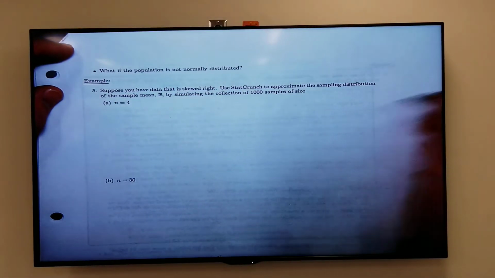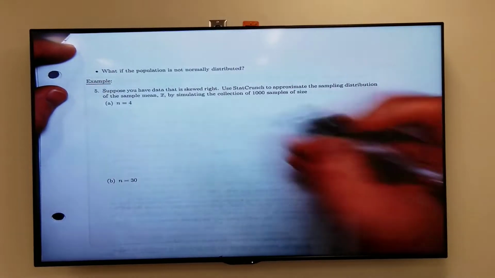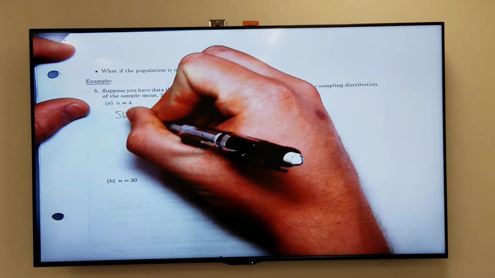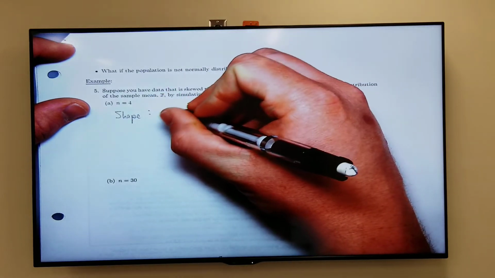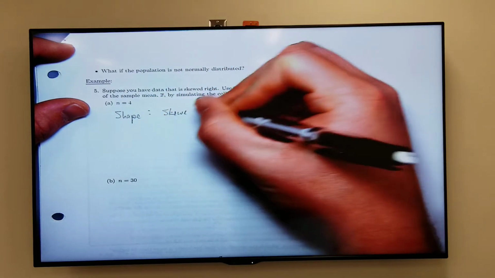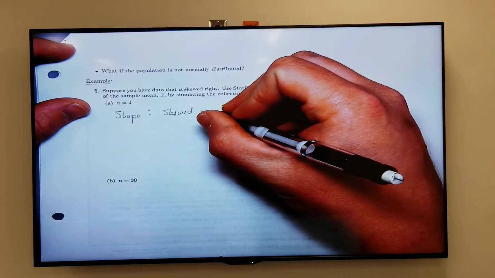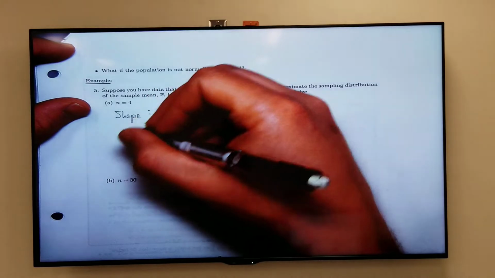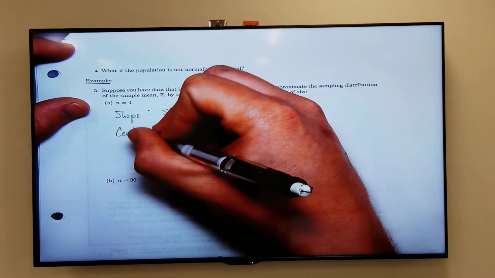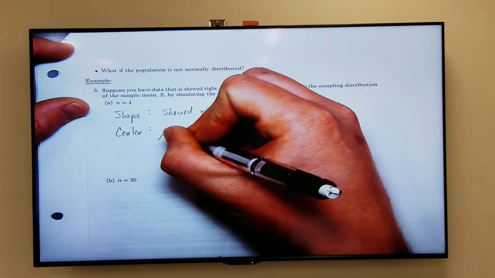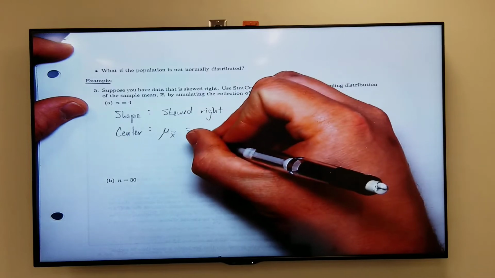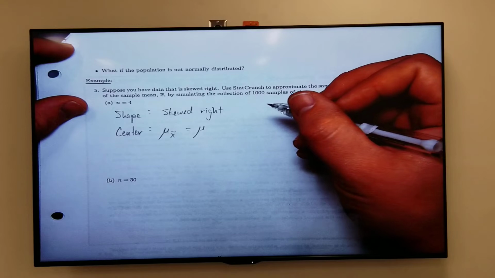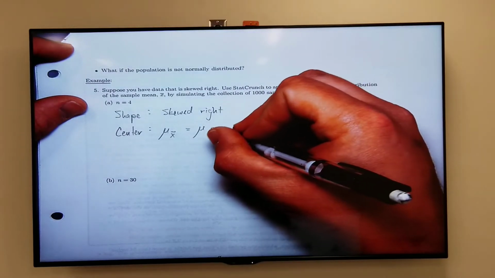So the sampling distribution of the sample mean for samples of size 4. Well, the shape is not bell-shaped. It's skewed right. The center, mu sub x bar, appears to be the same thing as the population mean, just like before, which in my simulation was about 14.